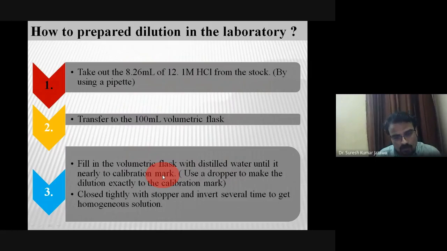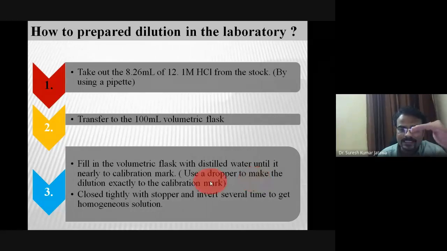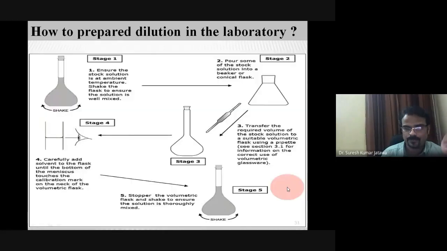If you are not confident of making an accurate measurement, up to the calibration mark please use a dropper. With the help of a dropper, you can go exactly to the calibration mark. Then close tightly with a stopper and invert several times or shake well to get a homogeneous solution.